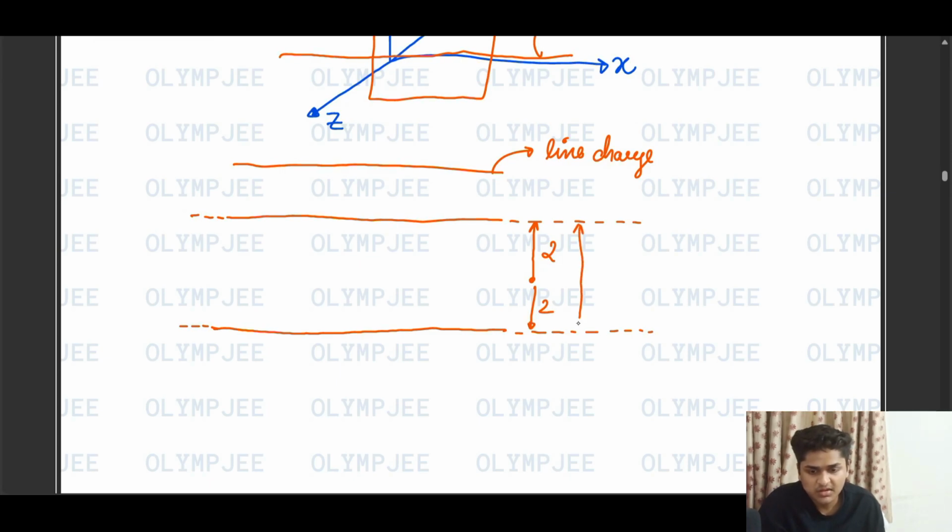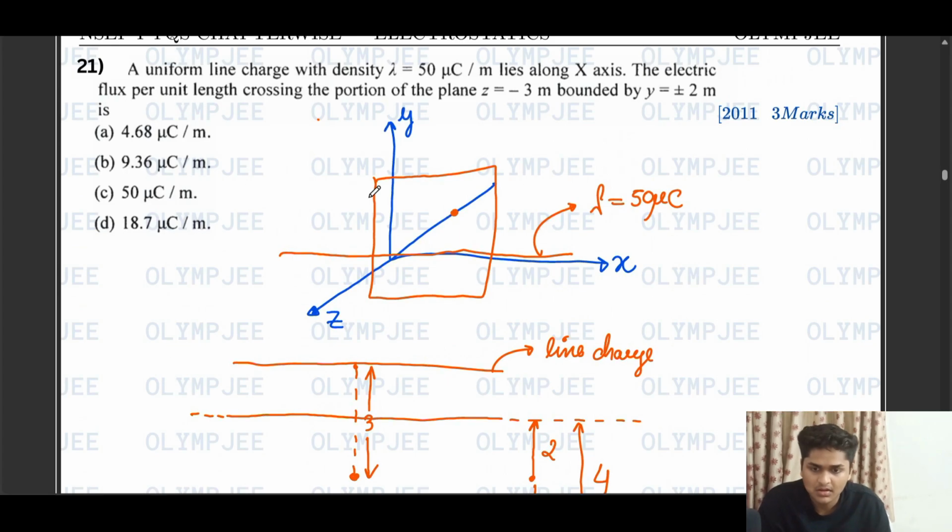So this distance becomes 4 and this plane is 3 meters below this line charge because it is at z is equal to minus 3. So this is the length distance which I am talking about, right?